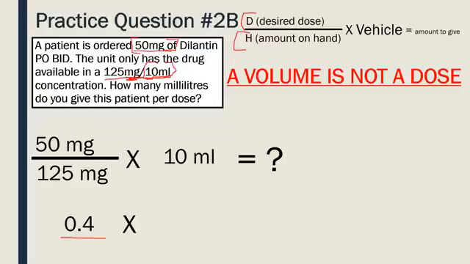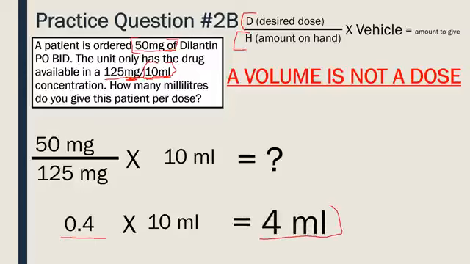But we're going to multiply that by 10 this time. And the answer is going to be 4 milliliters. 4 milliliters, but the patient has ordered the same amount as last question. In the last question, it was only 2 milliliters.